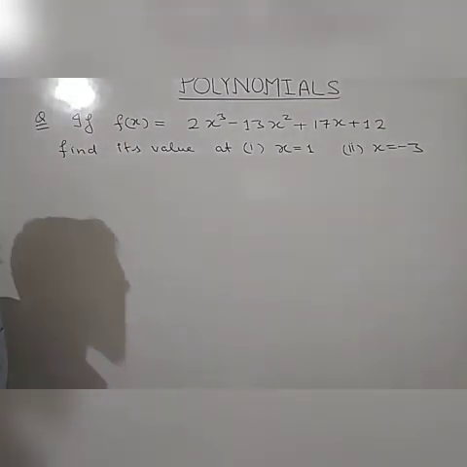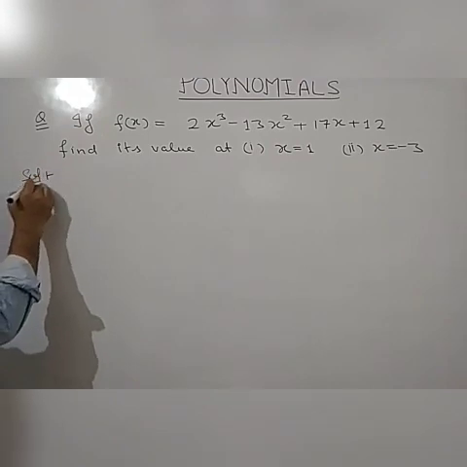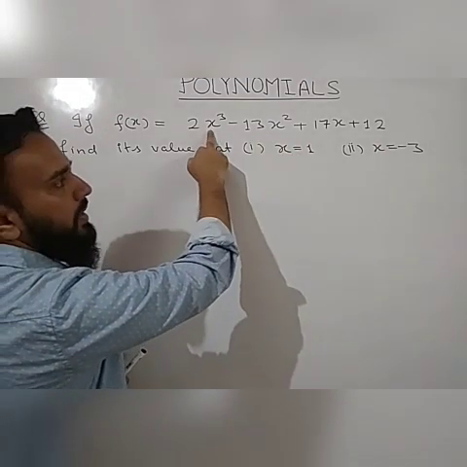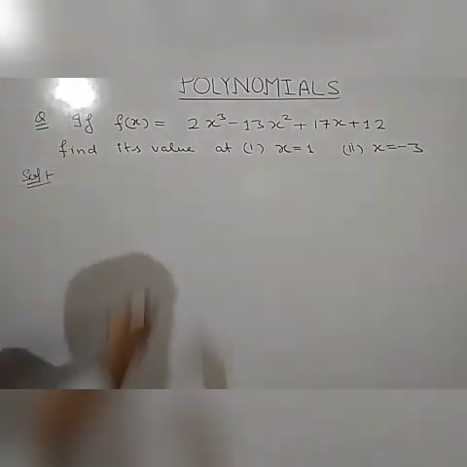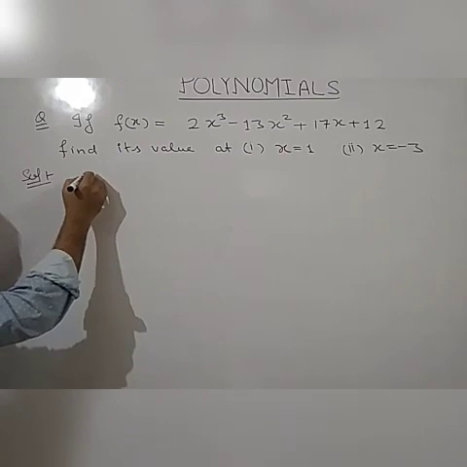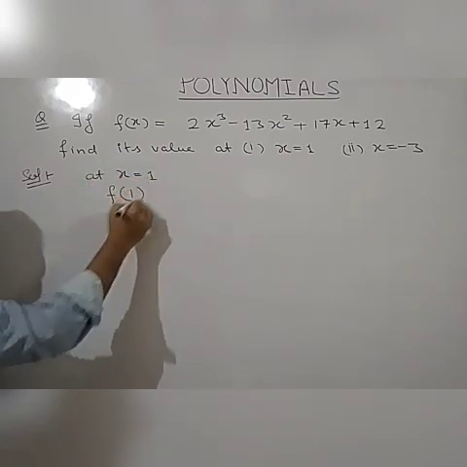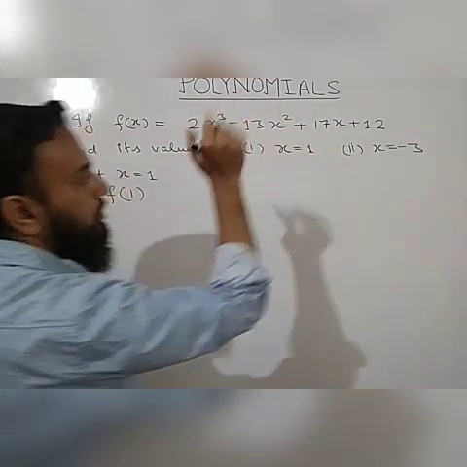Starting with the first part, how will we find the value of a polynomial? We just put the value of the variable in the given polynomial and that is the value of the polynomial. So put x = 1. At x = 1, the value will be f(1). In place of x, we put 1.